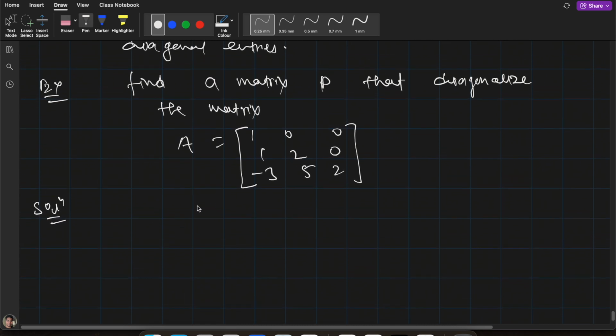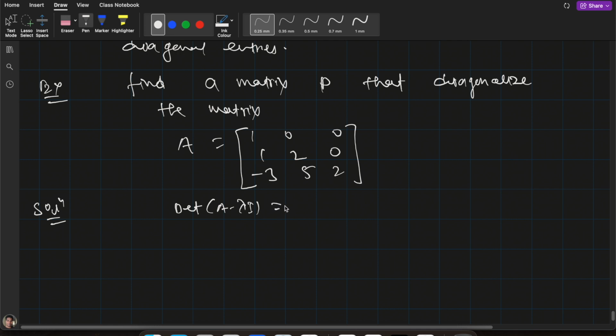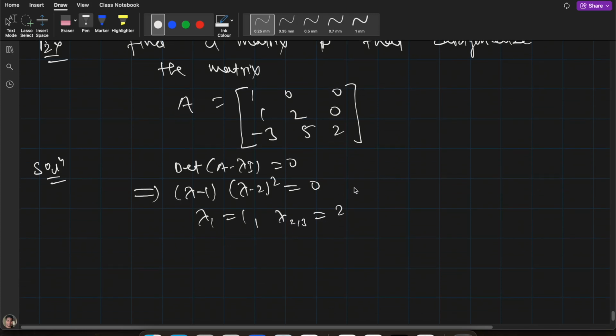So the characteristic equation will be the determinant of A minus lambda I equal to 0, and after solving this you will get (lambda minus 1)(lambda minus 2) square equal to 0, which means lambda 1 equals 1, and lambda 2 and lambda 3 will be 2. You can see that it has repeated.